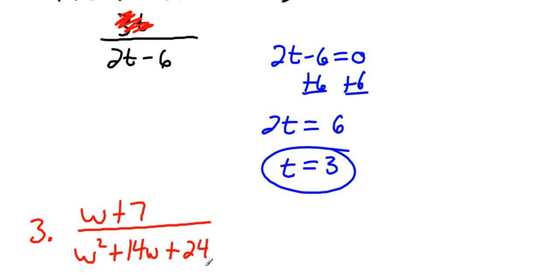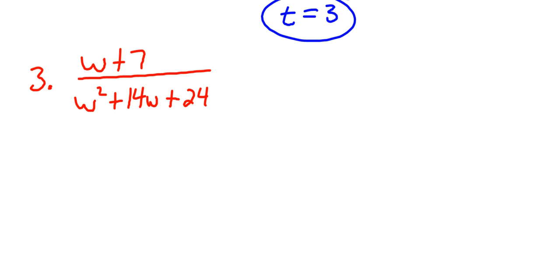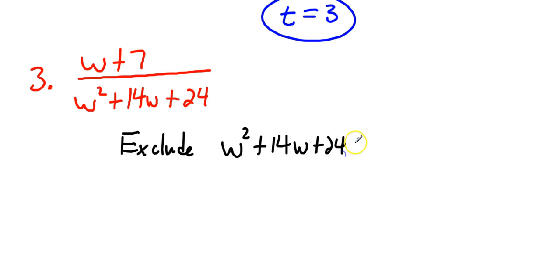And same thing as the part on number 2 here. You don't really care about what's in the numerator. You're just going to exclude what you have in the denominator. And for this one, because you have w squared, you're looking for two answers, you've got to exclude.